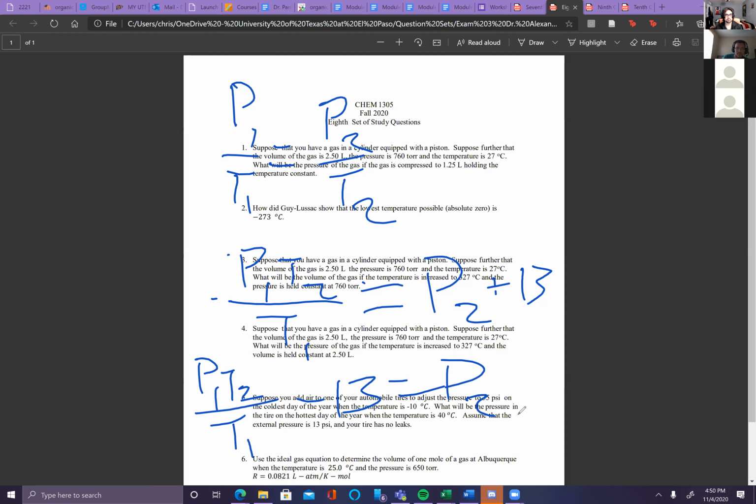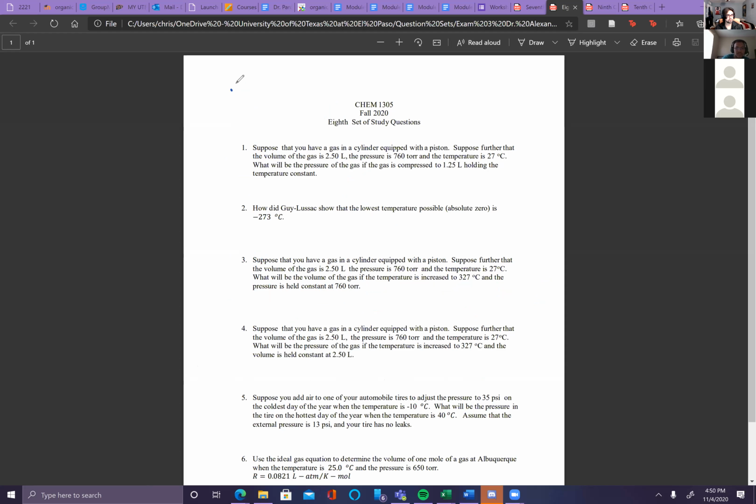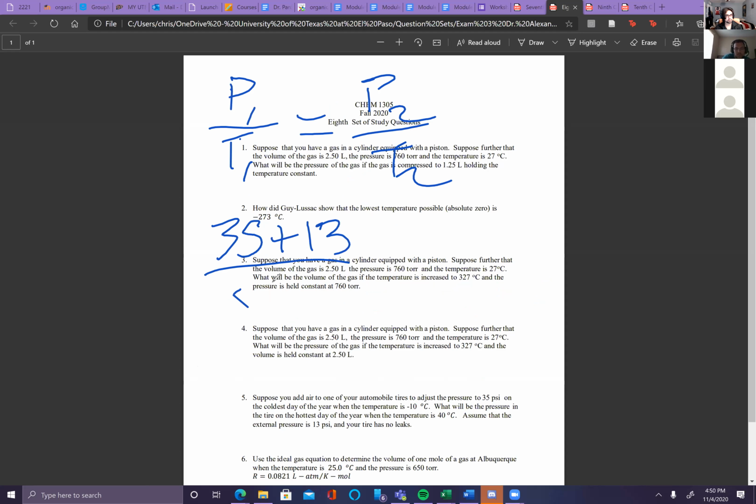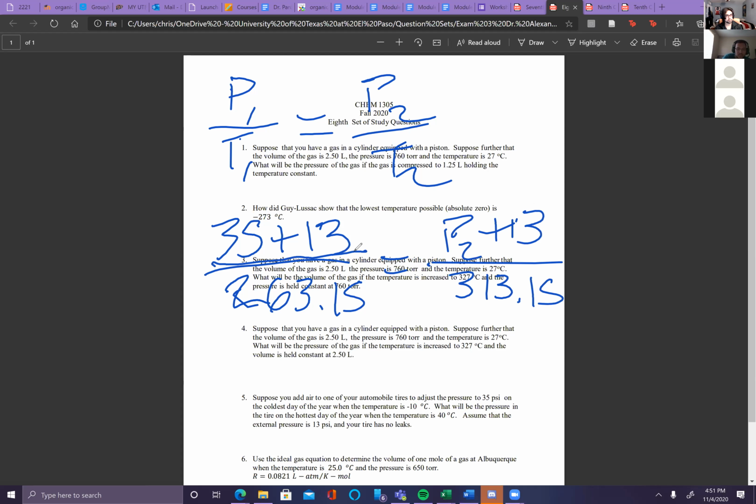Wait, could you do it with the numbers? Yeah. Okay. So we've got our P1, T1, our P2, T2. So we have 35 plus 13 over 263.15 equals P2 plus 13 over 313.15. So you add the 35 and the 13 first, which gives you 48 over 263.15.